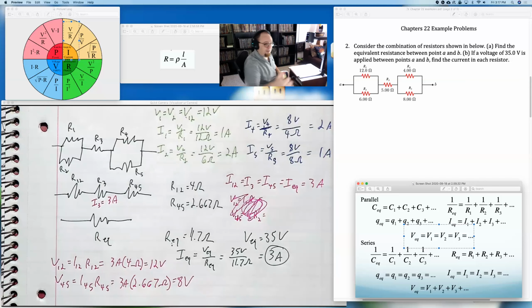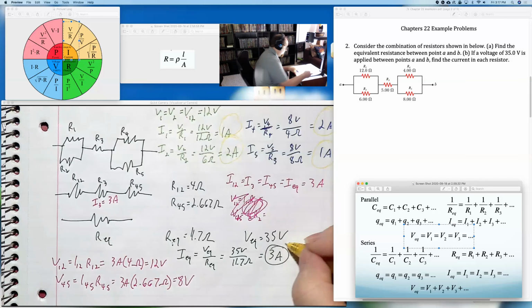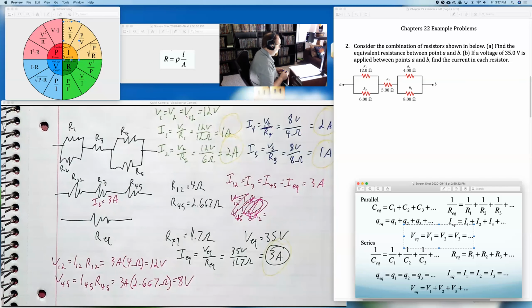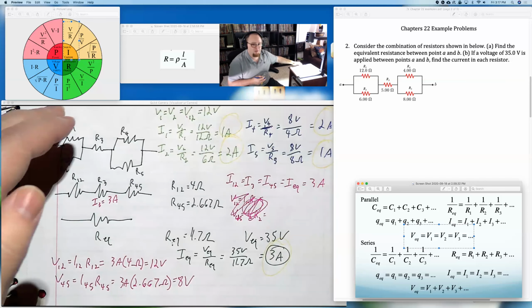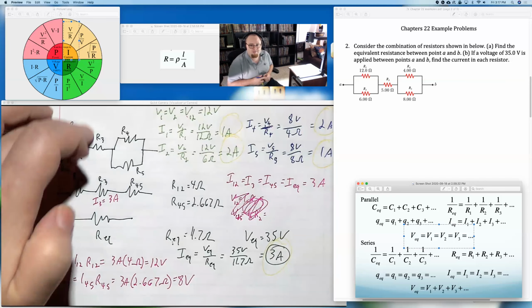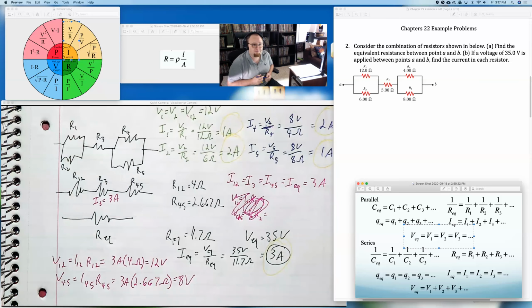And that gives it to me. I get every one. It's time consuming and annoying, but you just kind of plug your way through, and just like the capacitors, work your way to equivalent and then work your way back, and you should get it.